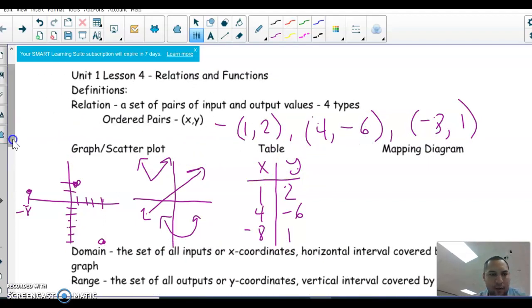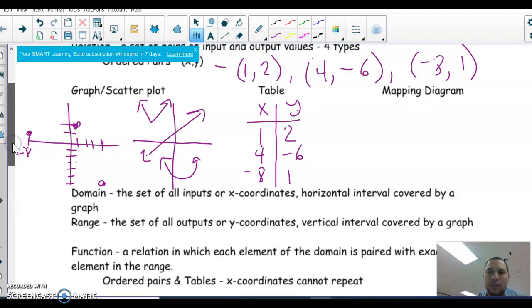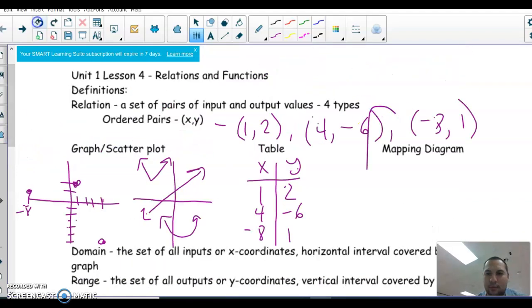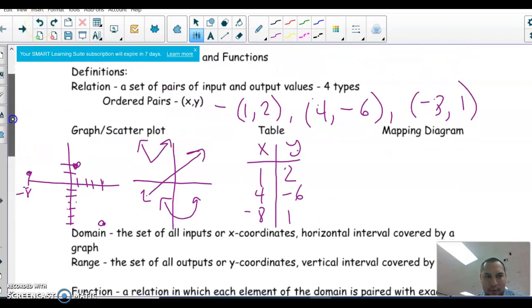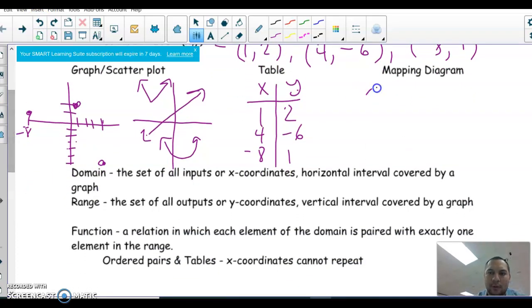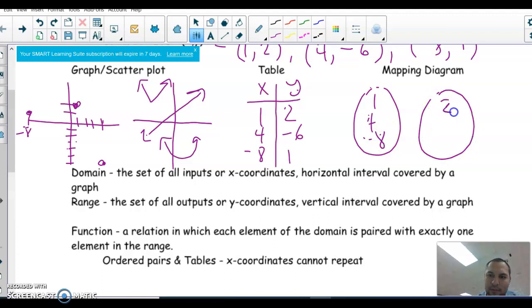A mapping diagram is where you have your input, 1, 4, -8, your x coordinates, your domain, in one bubble. Your output in another one.